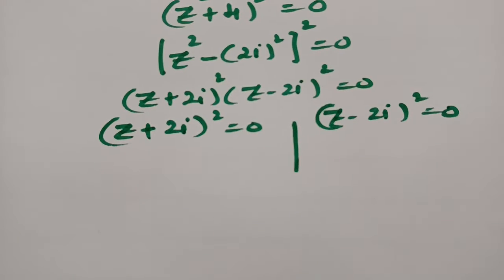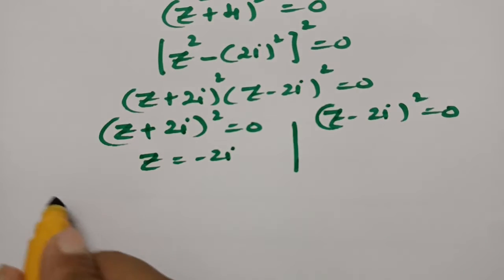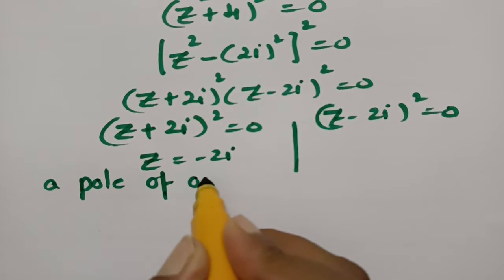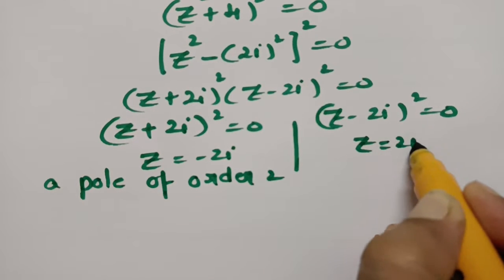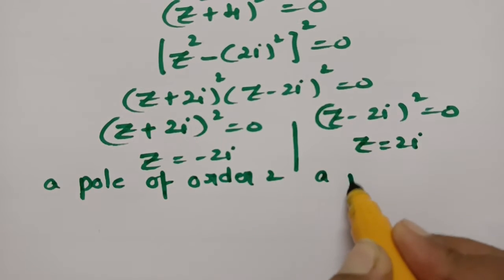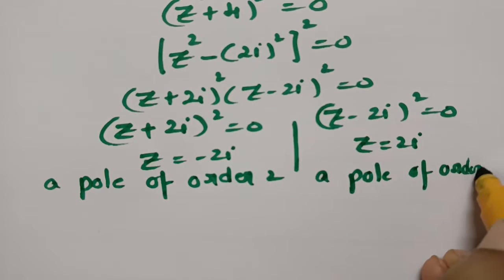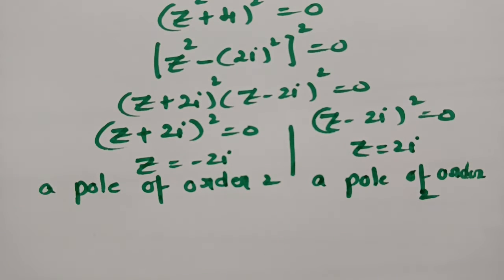So here we got z equal to minus 2i, which is a pole of order 2, and z equal to plus 2i, which is again a pole of order 2. So we got the two pole values here.